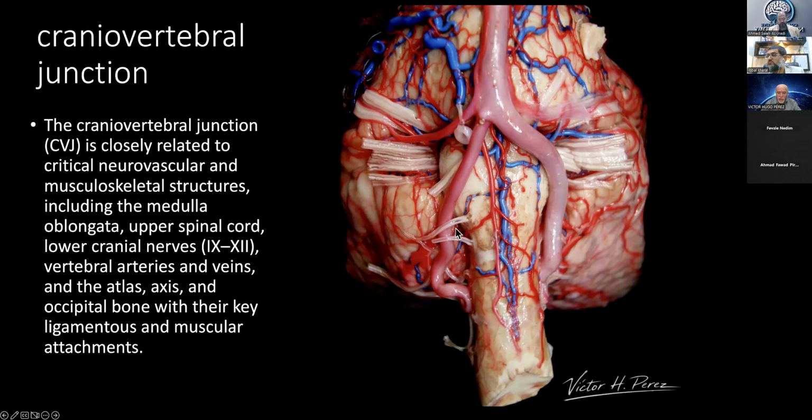Here we can see a hypoplastic right vertebral artery, and this is a common shape of the vertebral artery. So here we have two spinal arteries. One is longer than the other one. The other one finished in the medulla oblongata.